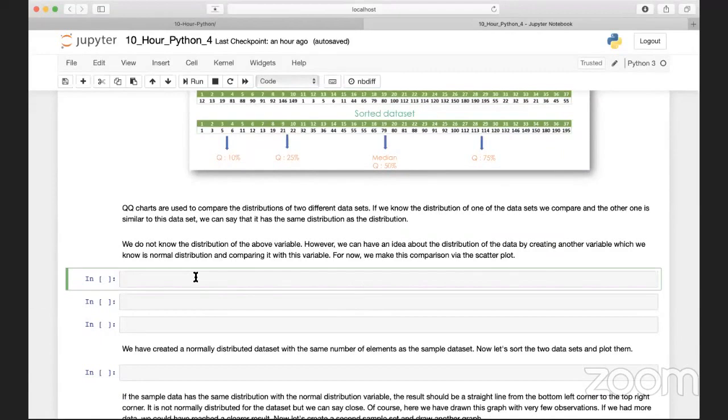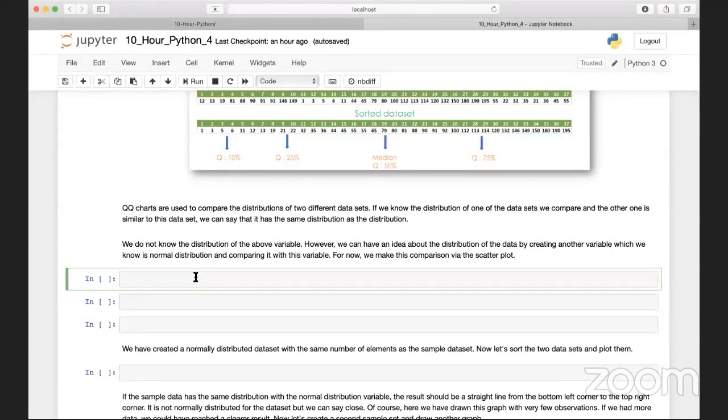And if the data follows the 45-degree line, then I can say that the data that I have follows normal distribution, or follows whatever the benchmark distribution is. If there is a deviation from the 45-degree line, then I can say that my data doesn't follow normal distribution.